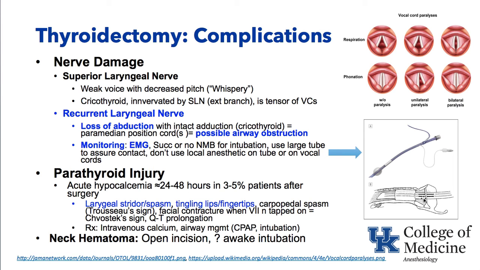And obviously neuromuscular blocking agents cannot be used because you're monitoring for, when you get near the recurrent laryngeal nerve and stimulate it, the vocal cords would move around that tube and make contact with the tube, and you want it to be a large tube.